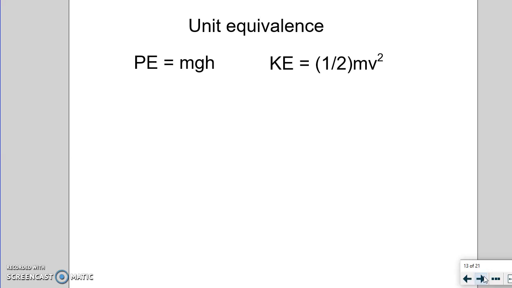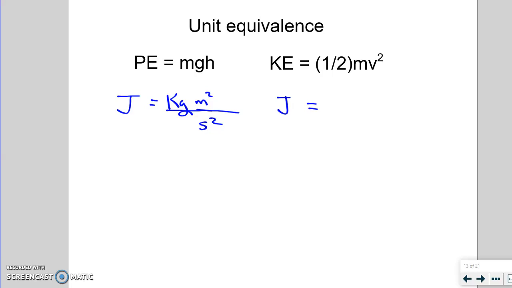Make a quick little point here about unit equivalence. They both measure energy, so they should both kick out joules, which means that their input units should be the same. So the unit for mass is the kilogram, the unit for g is meters per second squared, and the unit for height is the meter. So we've got another meter there, so that becomes kilogram meters squared per second squared.